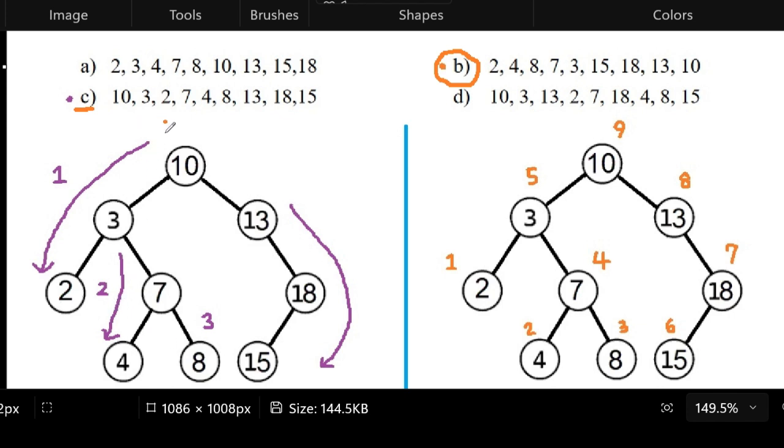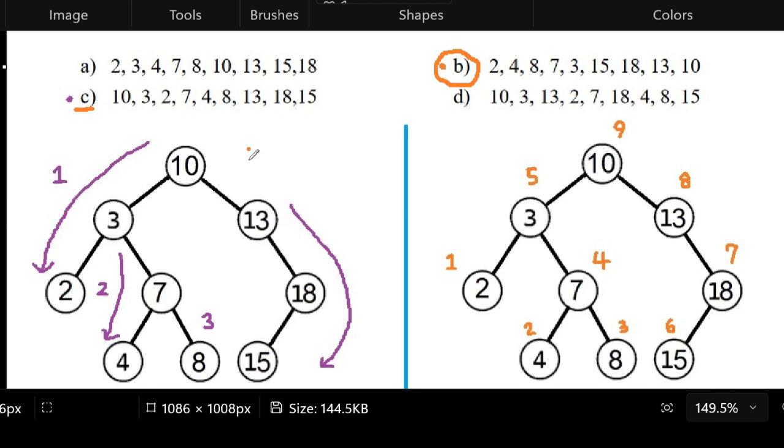So for example, 10, 3, 2, and then from there we go to the other side, 7, and then 4, and then 8, and then we go to 13, 18, 15. I thought that it looks good.